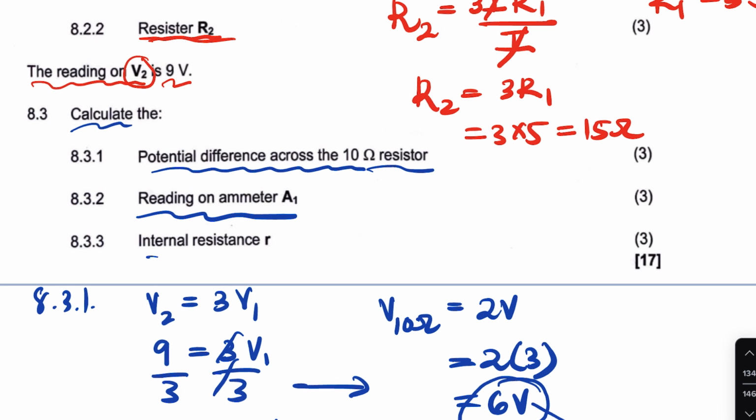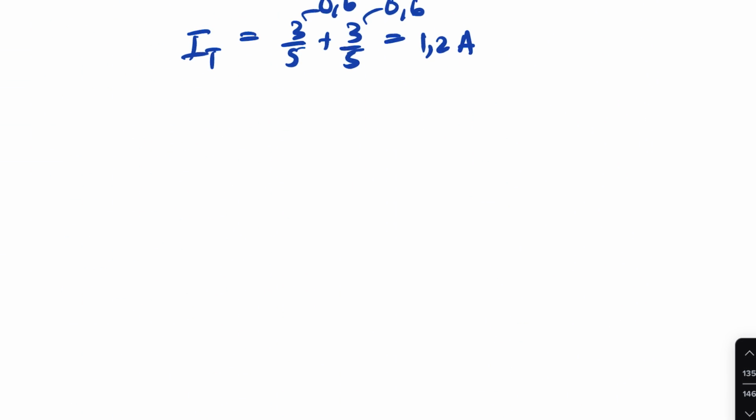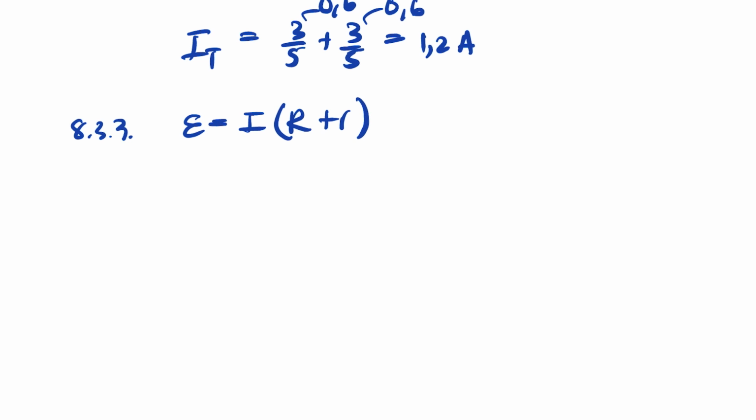Right, the last question. Calculate the internal resistance, 8.3.3. From this formula that says EMF is equal to I times R external plus R internal. What do we have here? We don't have that, we're looking for that. So we'll need to first get the R external.